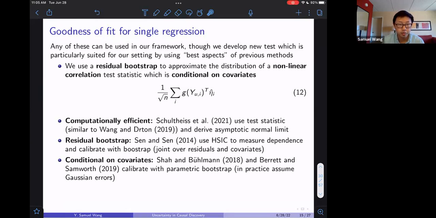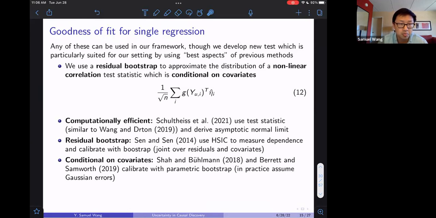When G is a polynomial, this has a flavor similar to the higher order moments examined by Schultheis et al. and Wang and Drton in 2019. One of the nice things about the test statistics used by Schultheis et al. is that they're very fast, and so we have that element here.